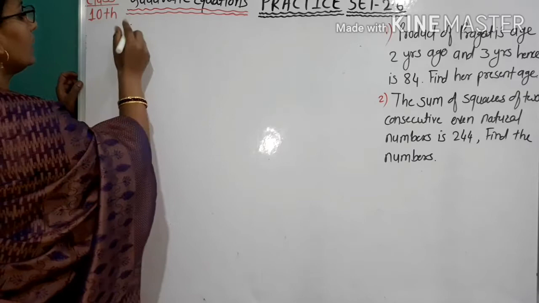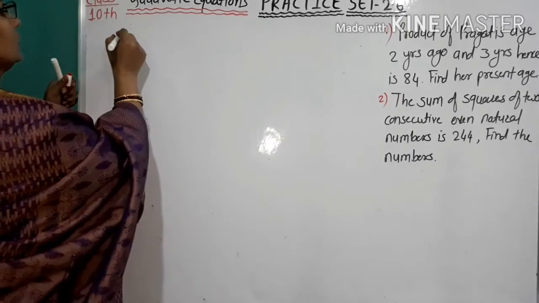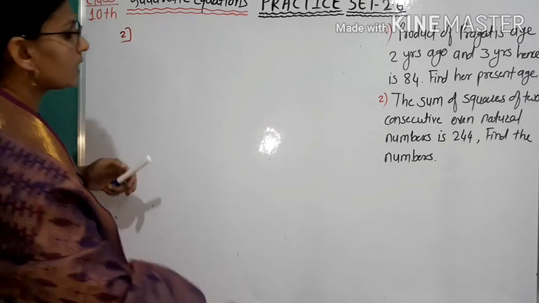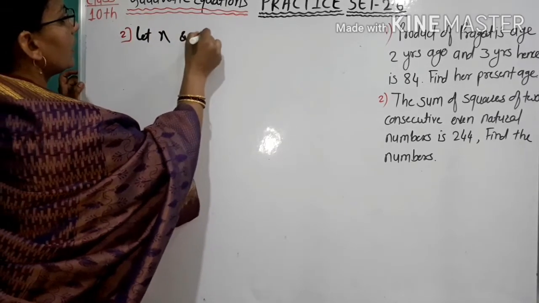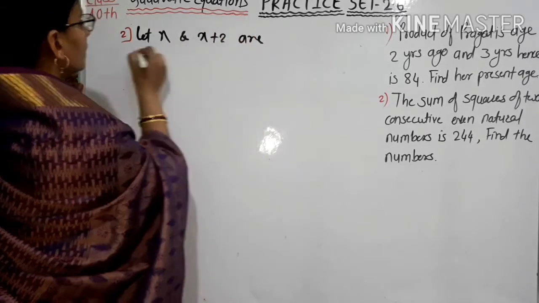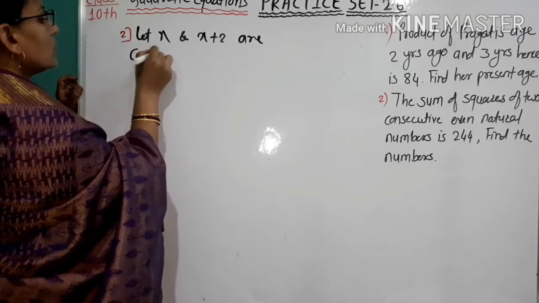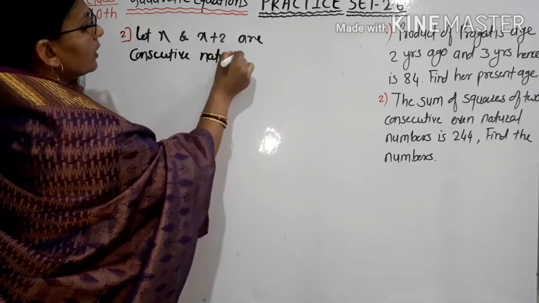So, let x and x plus 2 be consecutive even natural numbers.